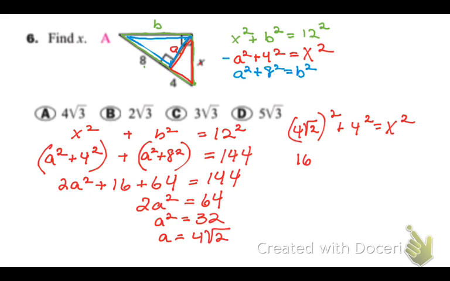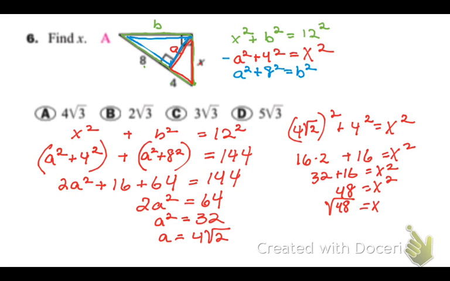We square the square root of 2 becomes 2 plus 16 is equal to x squared. 16 times 2 is 32 plus 16 equals x squared. 32 plus 16 is 48. Equals x squared. X is equal to the square root of 48.